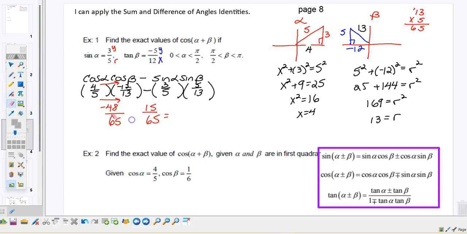So now we can take negative 48 minus 15. You could think of that as plus a negative. So 48 plus 15 is negative 63 over 65. There's our answer.